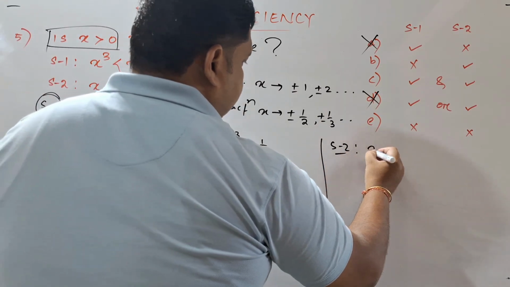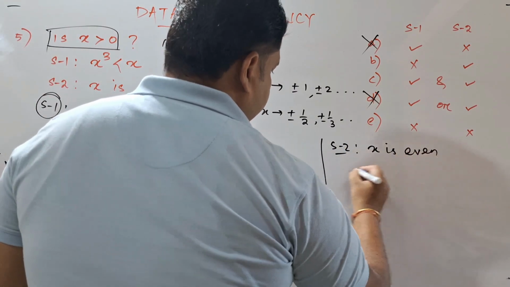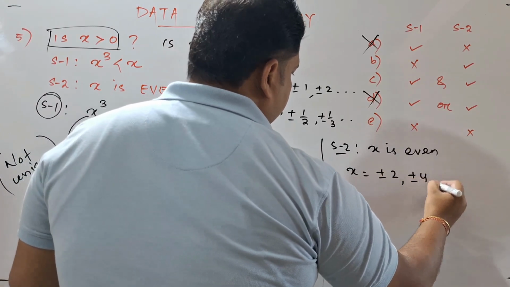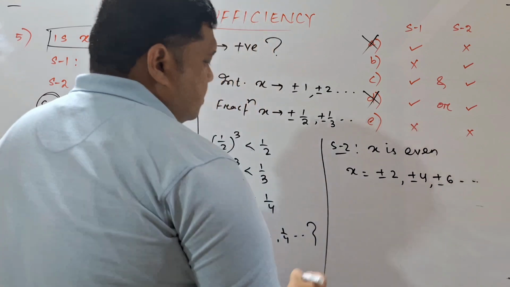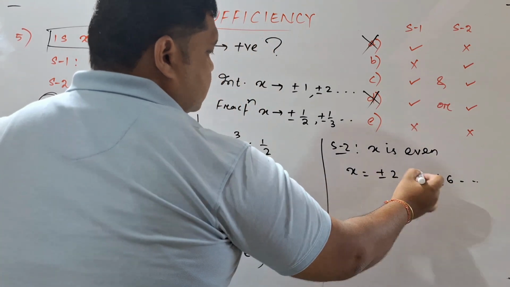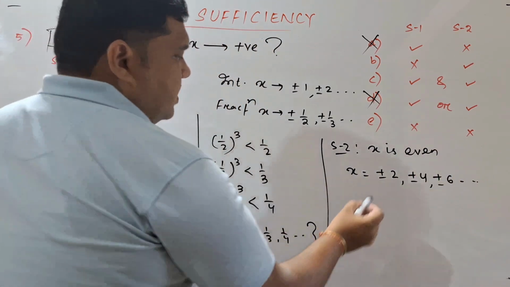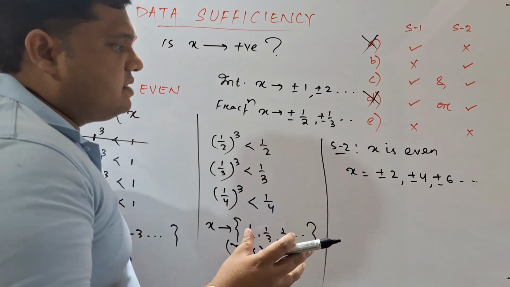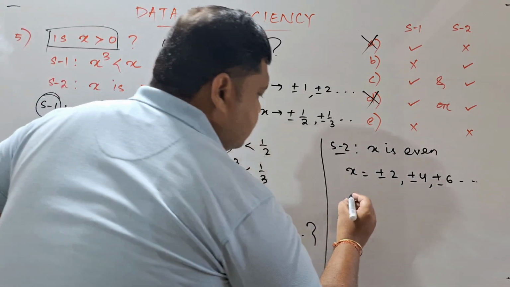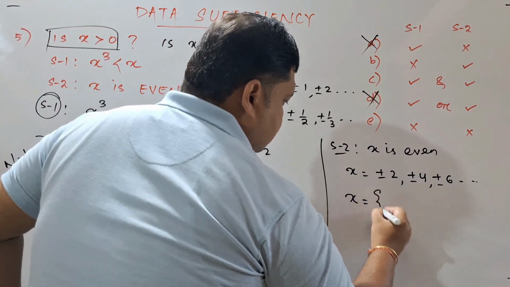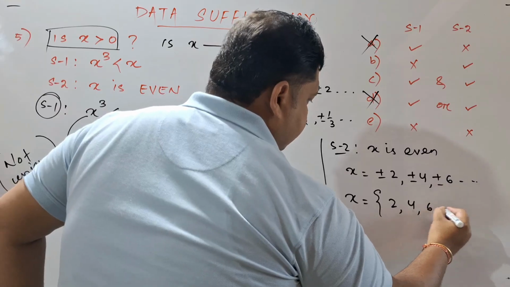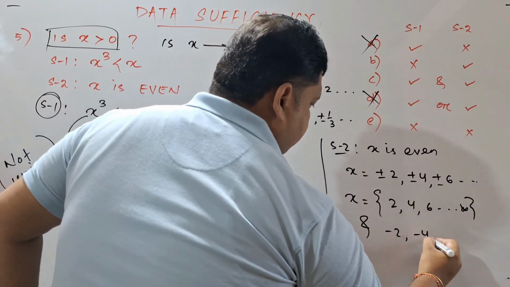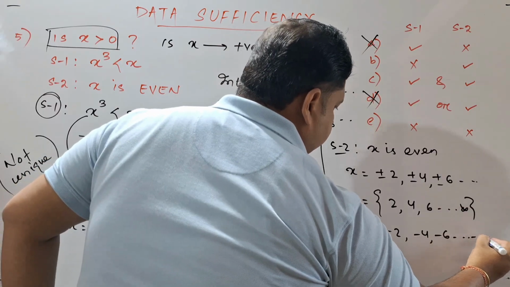Statement number 2, x is even. X is even means x can be plus or minus 2, plus or minus 4, plus or minus 6 and so on. Plus 2, plus 4, plus 6 are even, and minus 2, minus 4, minus 6 are negative values. So there are two possibilities: x is equal to 2, 4, 6 up to infinity, or minus 2, minus 4, minus 6 up to minus infinity.